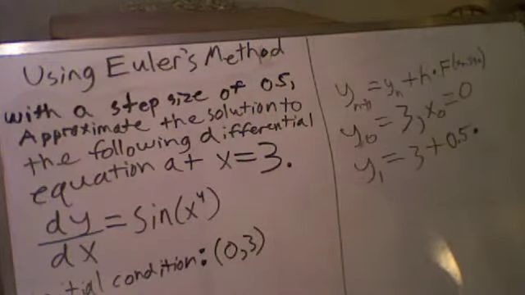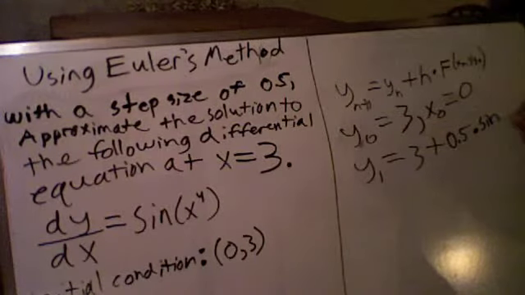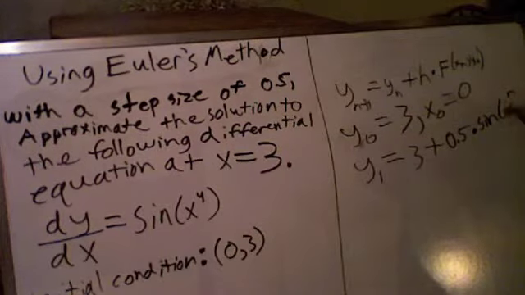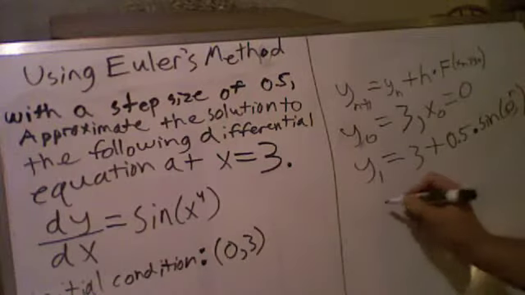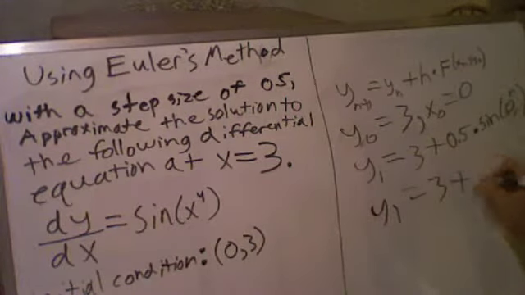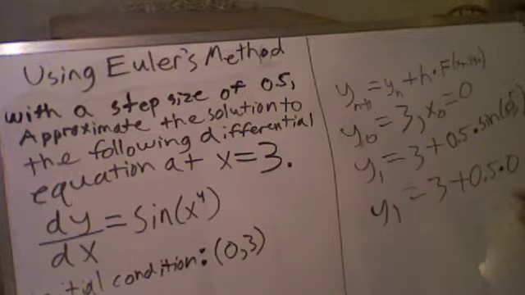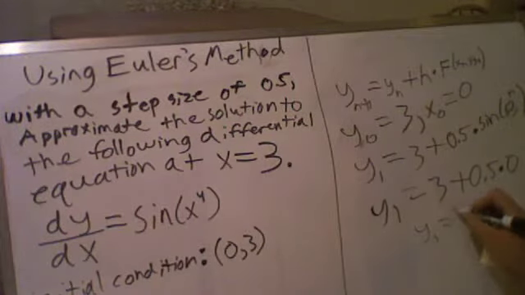In this case, there's no y sub n in the differential equation, so we just plug in x sub n, or x sub 0 in this iteration. So y sub 1 equals 3 plus 0.5 times sine of 0 to the 4th. Sine of 0 is 0, so y of 1 equals 3.